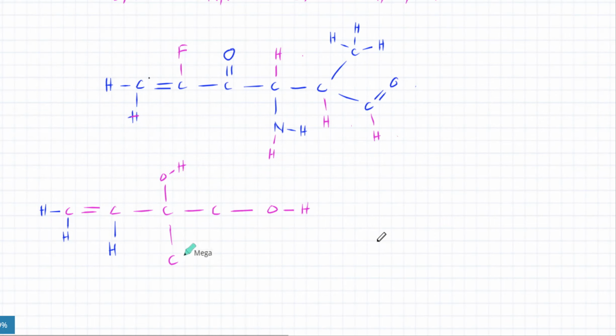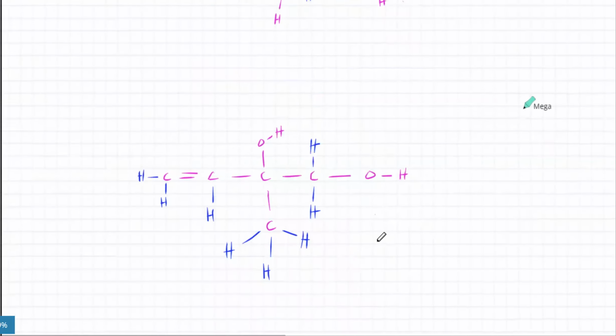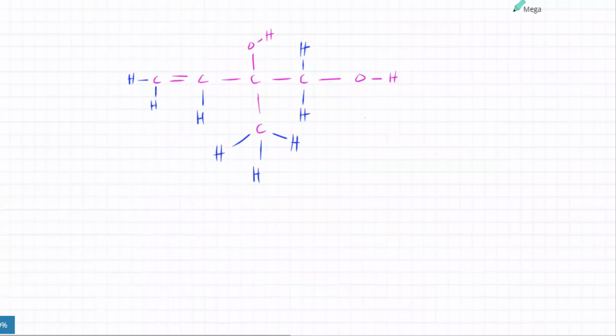That's going to be 3. And this carbon will have 2. I think the rest is fine. So that's the first basic concept, learning how to draw the correct structure.